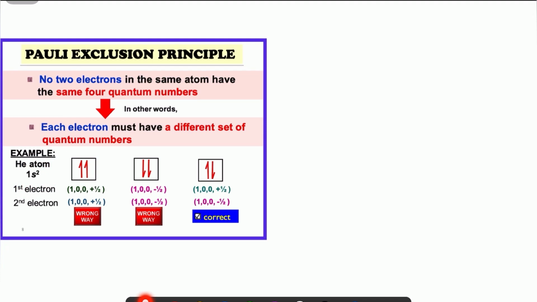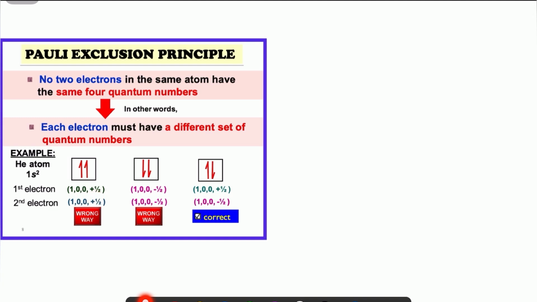Okay, so by using the orbital diagram, if you fill the electron and you write the arrow just like this one, it will show that the first electron and second electron will have the same quantum numbers. Okay, so this is the combination of the 4 quantum numbers: 1 for the n, 0 for the l, 0 for the m, and positive half is the spin.